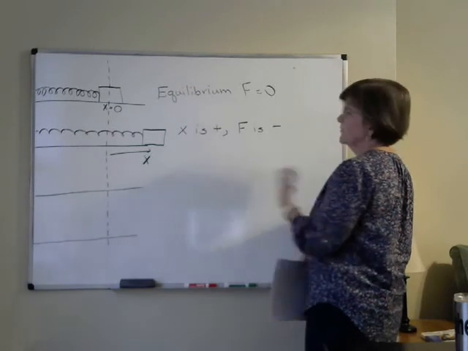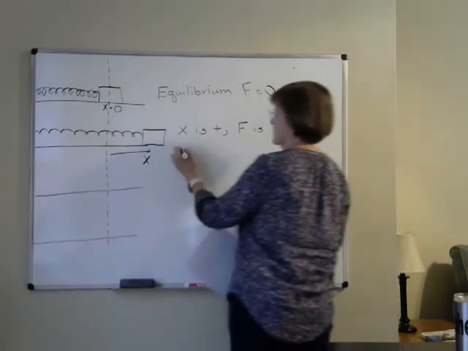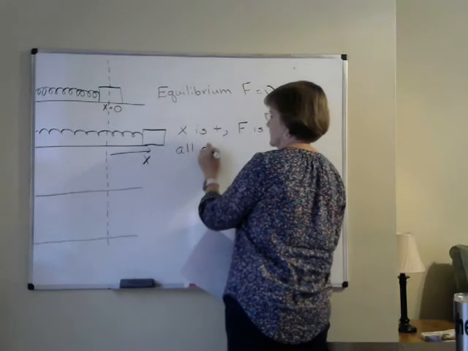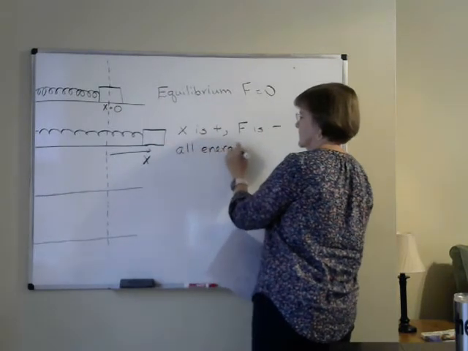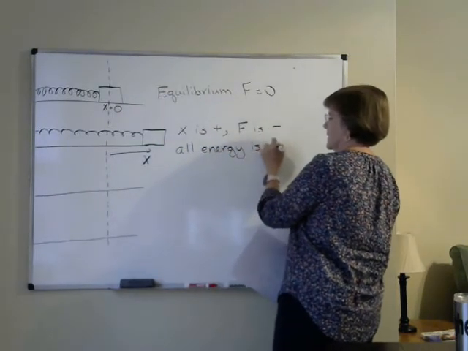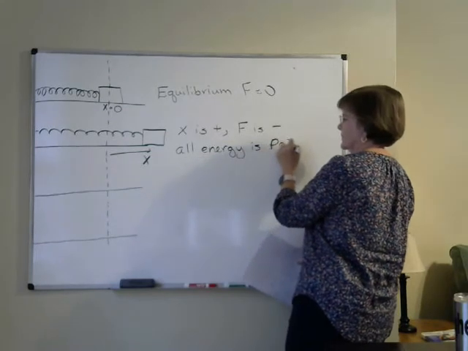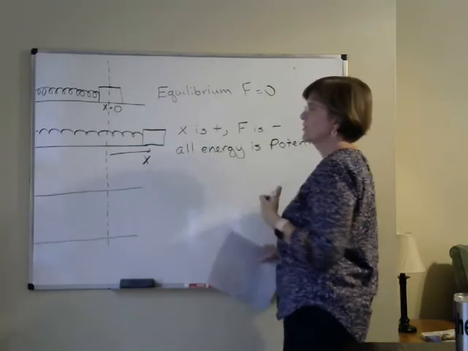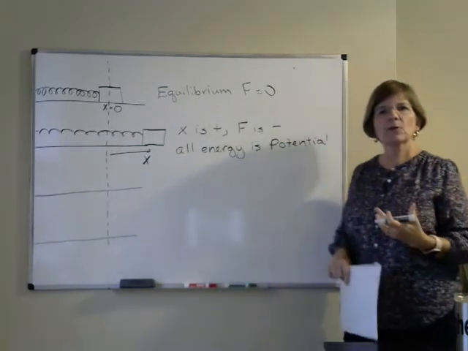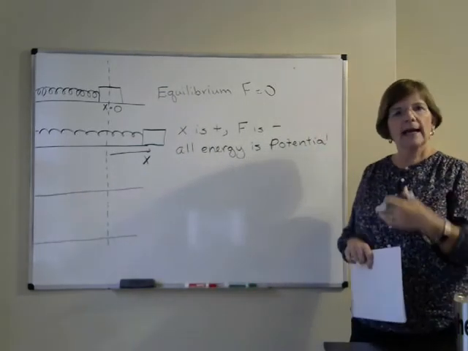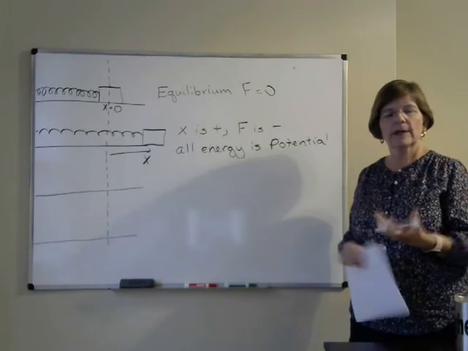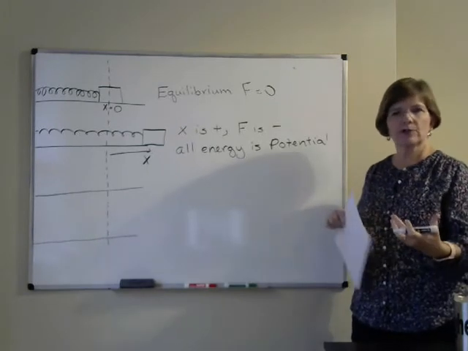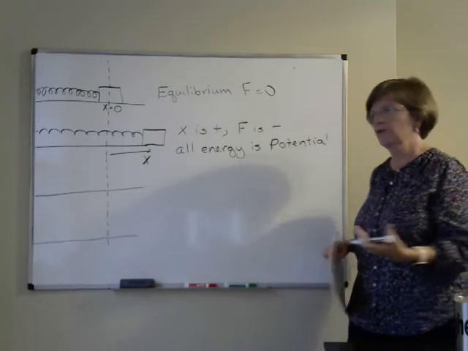All of the energy in the system is potential. So when I pull this out there and stretch it, the spring is going to gain elastic potential energy. Okay, we've already talked about elastic potential energy when we talked about conservation of energy.